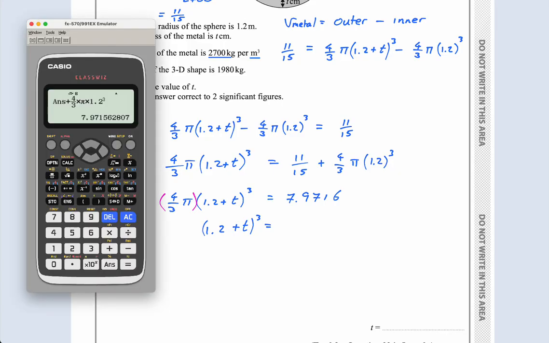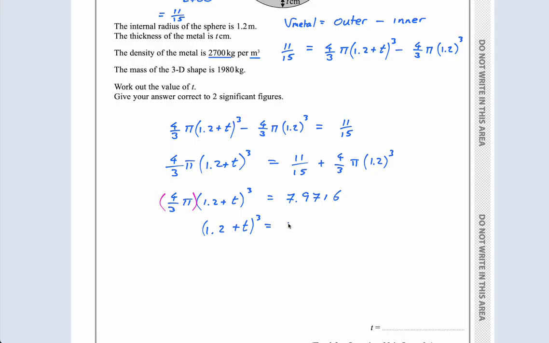Okay, calculator. This answer divided by 4 over 3 pi. And I get 1.90307.